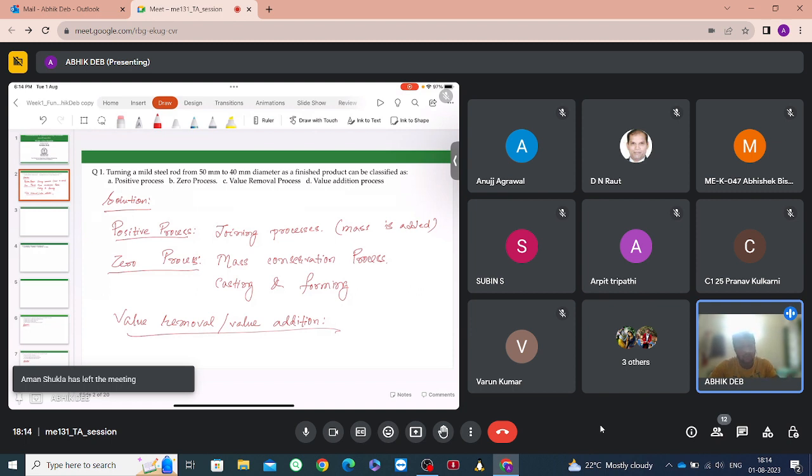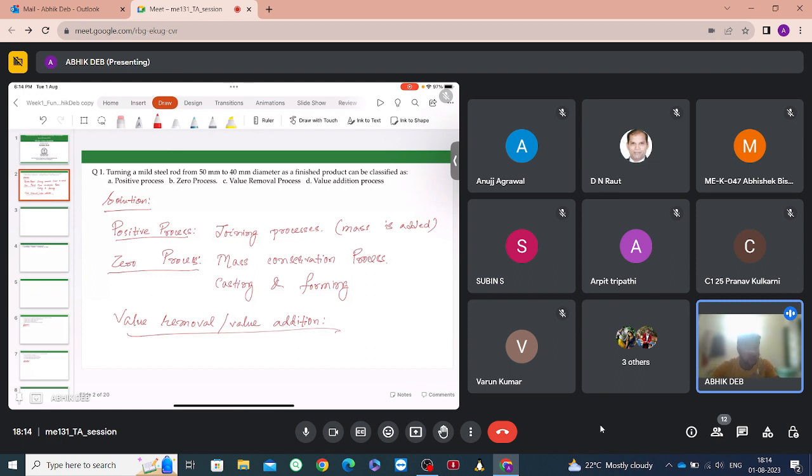And if the final product has less value or less usefulness to the user than the pre-processed product, then it is a removal of value. It is not a mass removal or mass addition process, it is value. So you have to focus on the word value.